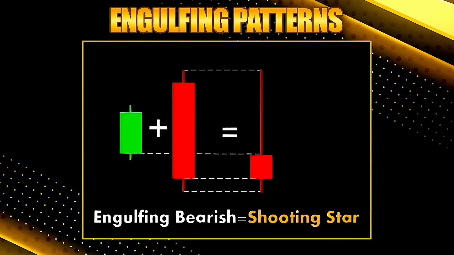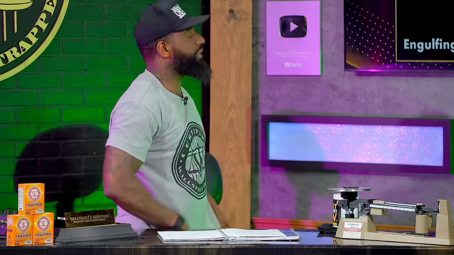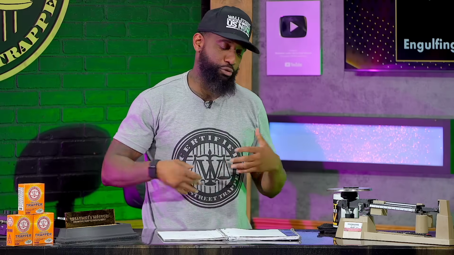Now this, I'm not going to lie to you, let me say something right quick. This candle here is all about where it's positioned on a chart. Another thing about candle communication that you're going to learn is not just identifying a candle, but understanding where it's positioned on the chart.